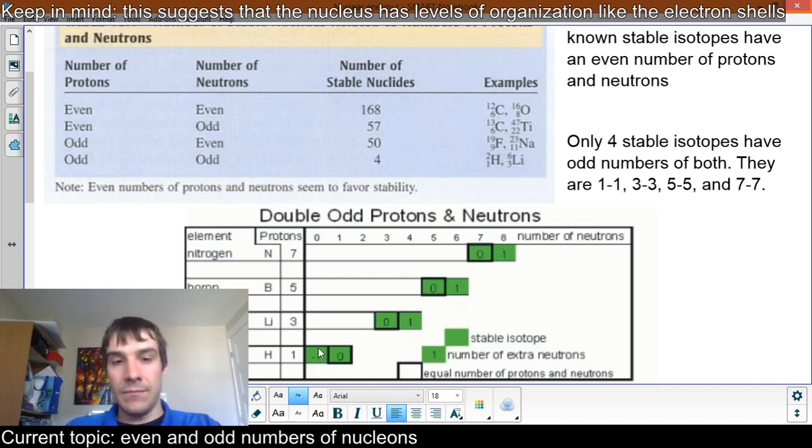Sorry, that would be hydrogen 2, wouldn't it? Yeah, so hydrogen 2, which has 1 proton, 1 neutron. Boron 10, because 5 protons, 5 neutrons. And lithium 6, because 3 protons, 3 neutrons. And nitrogen 14, which is 7 protons and 7 neutrons. So those are the only 4 stable odd nuclides.